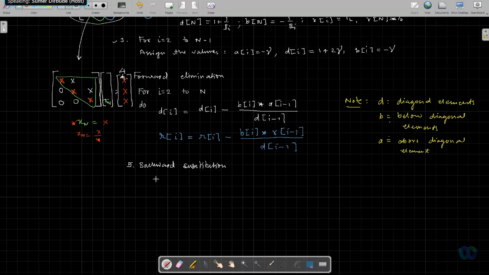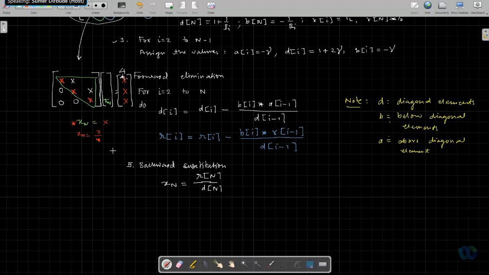So in the back substitution, this last term is simply xn equals rn, this value, divided by the diagonal value dn.